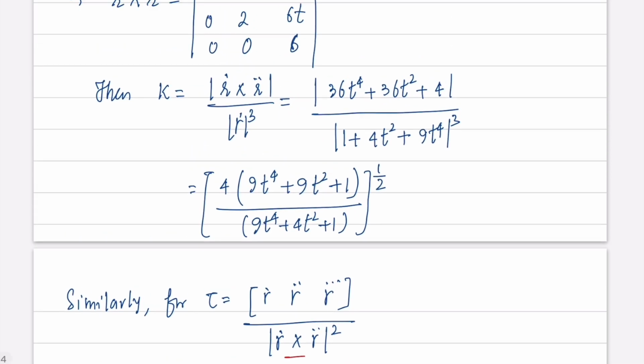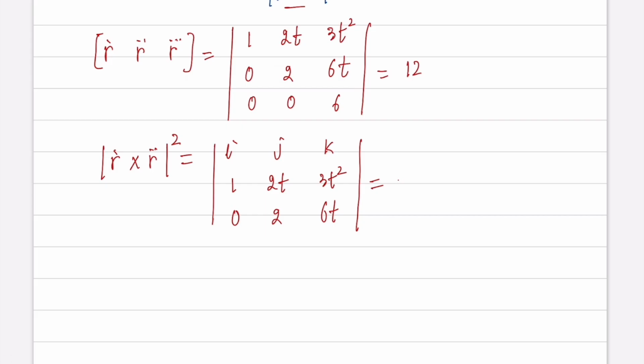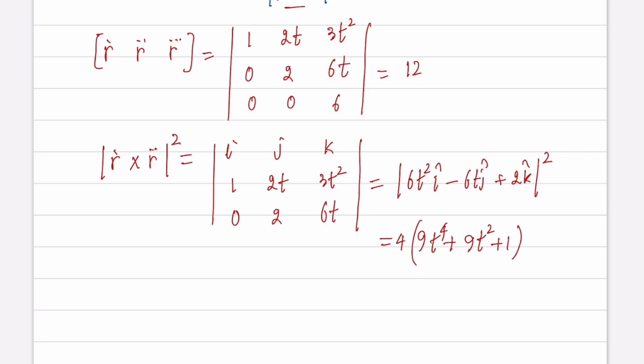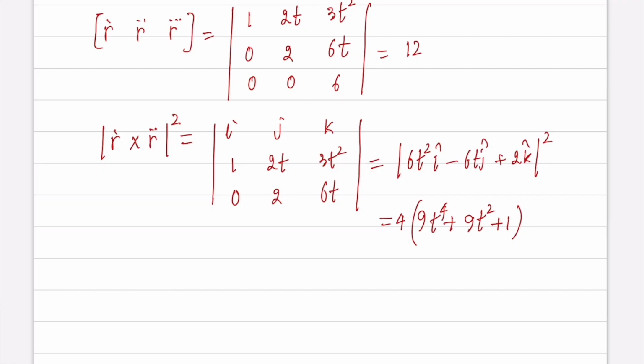Now evaluating this determinant, this is equal to 6t² i minus 6t j plus 2k. Its modulus squared finally becomes 4 times (9t⁴ + 9t² + 1), as computed above, here in the denominator.